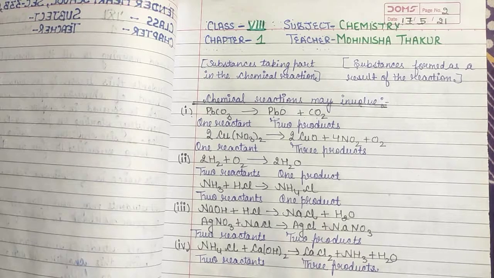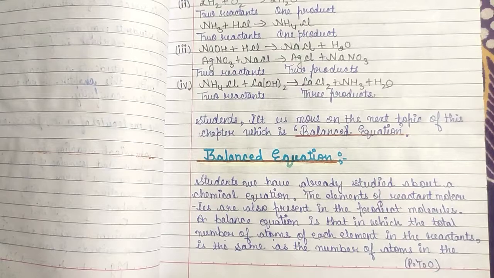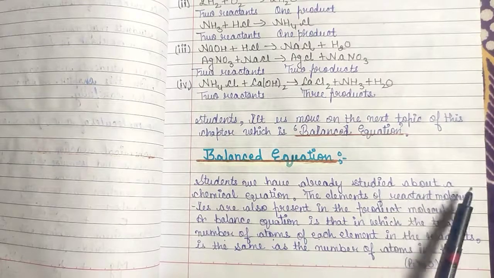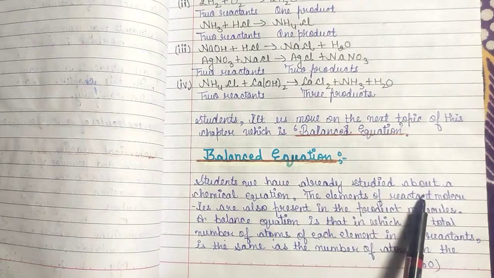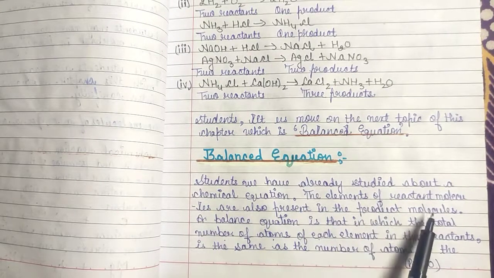Now, we will discuss the next topic of this chapter, which is balanced equation. So students, we have already studied about a chemical equation. The elements of reactant molecules are also present in the product molecules.